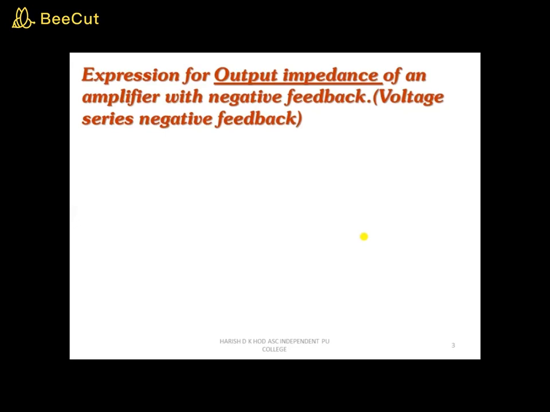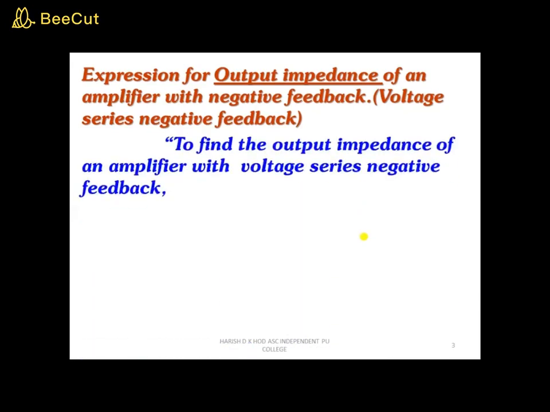First, let me consider an amplifier, but before that let me tell you one thing. To find the output impedance of an amplifier, that too with negative feedback, we are going to follow these steps. Number one, first we need to make the input signal 0.